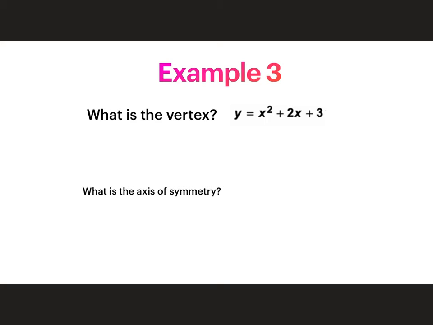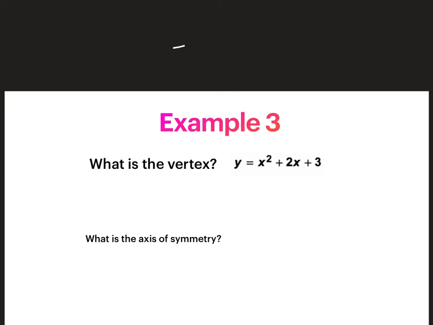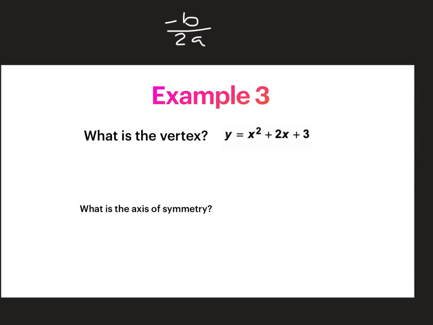Negative b, my Apple Pencil stopped working, negative b over 2a. So we want to find the axis of symmetry first because that's the formula we have. So x is equal to negative b over 2a.